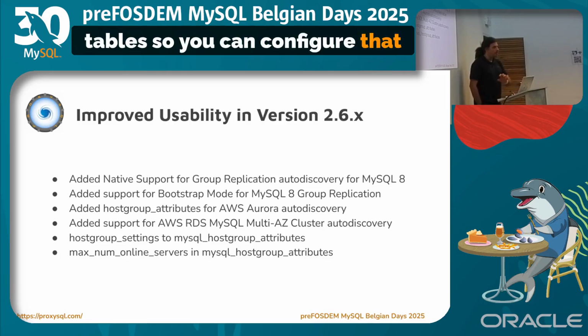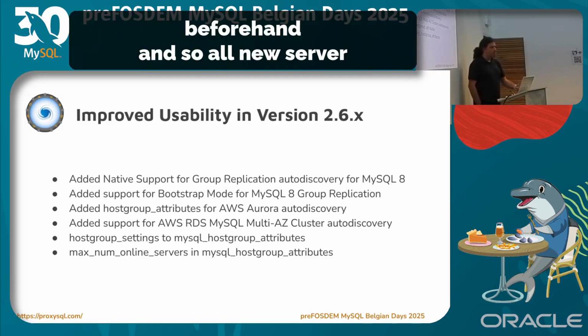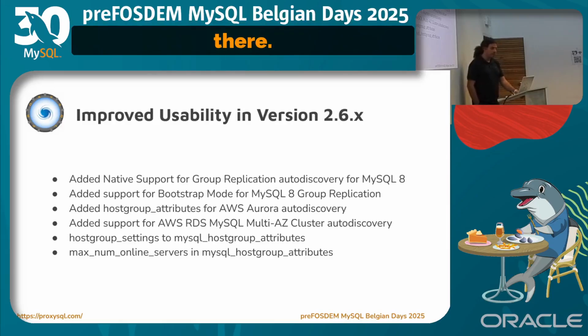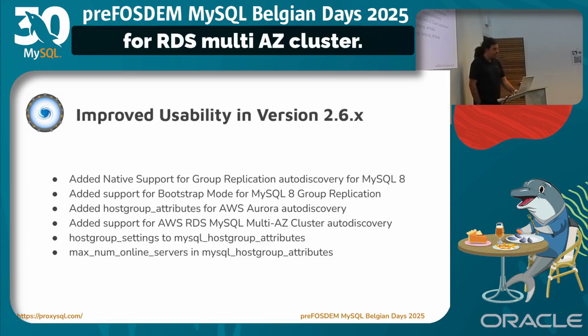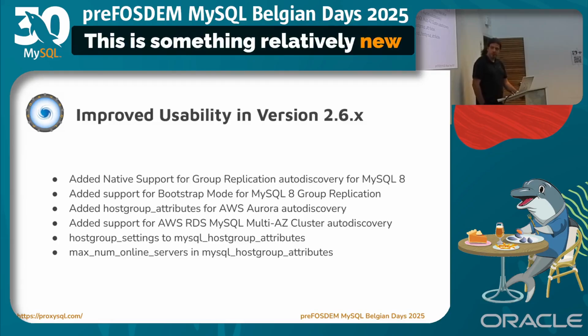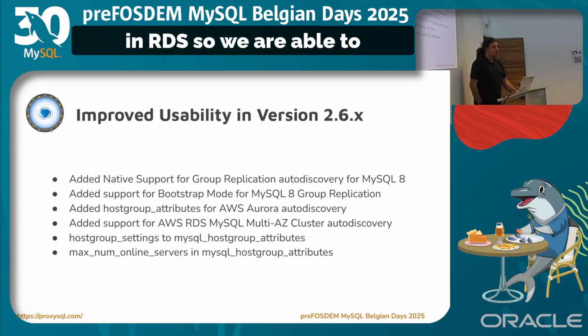So you can configure that beforehand, and so new server discovery will get in place there. We also support auto discovery for RDS multi-AZ cluster. This is something relatively new in RDS, so we are able to support it as well.